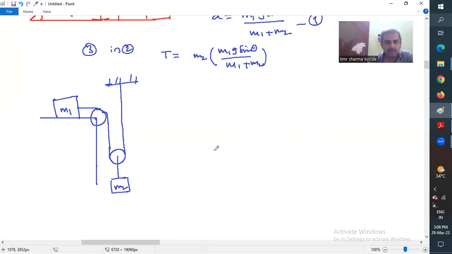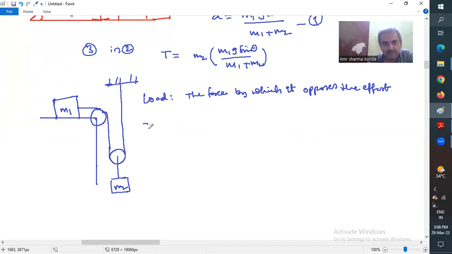Now here, m1 is playing the role of load, and m2 is playing the role of effort. So first, what is load? The force by which it opposes the effort.